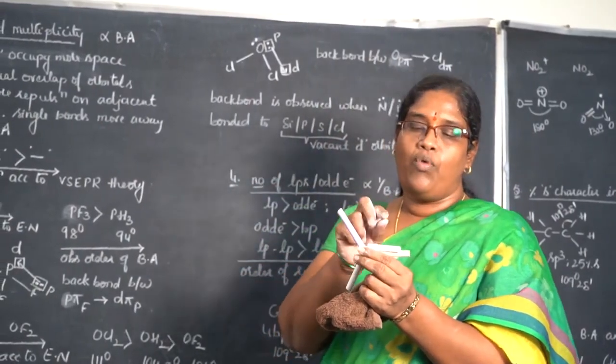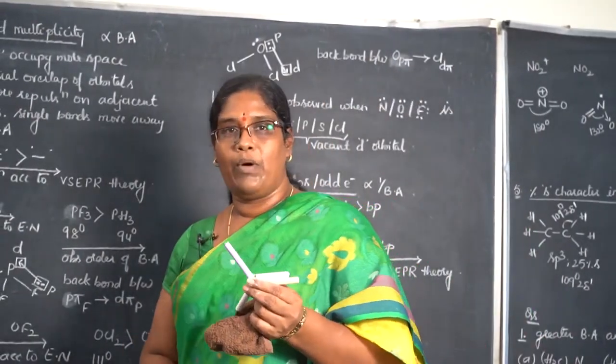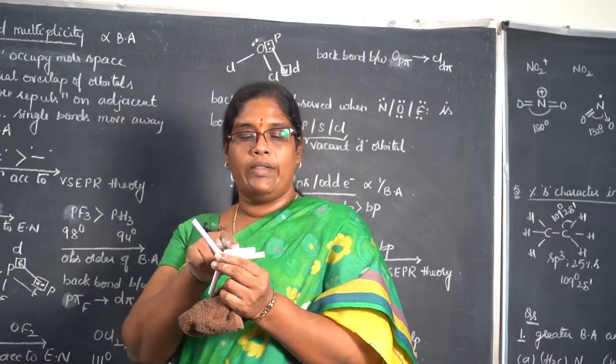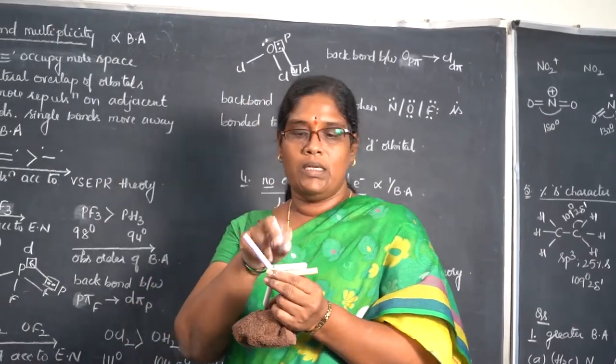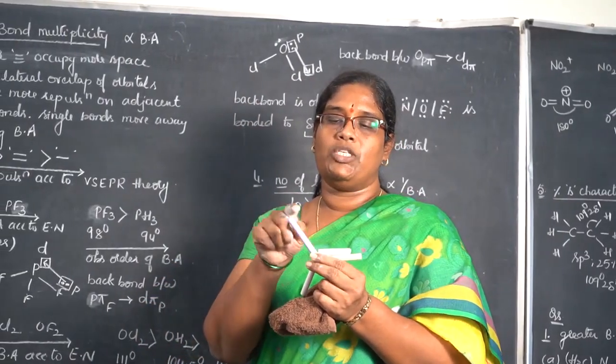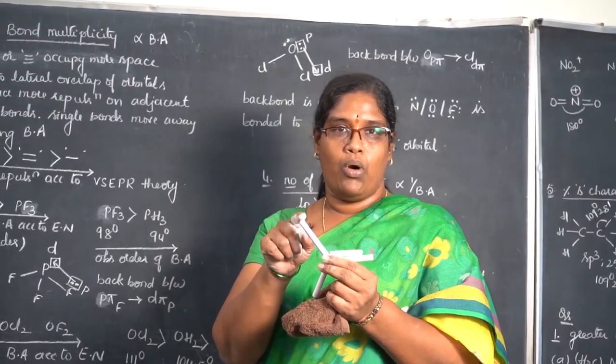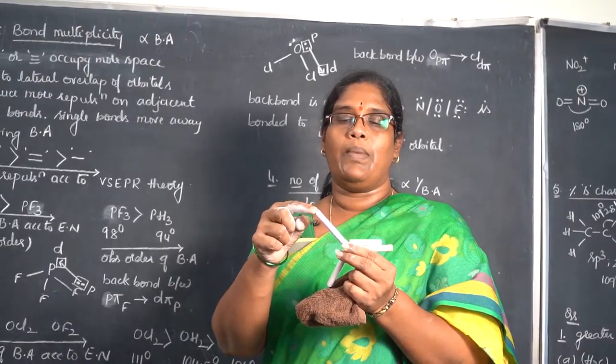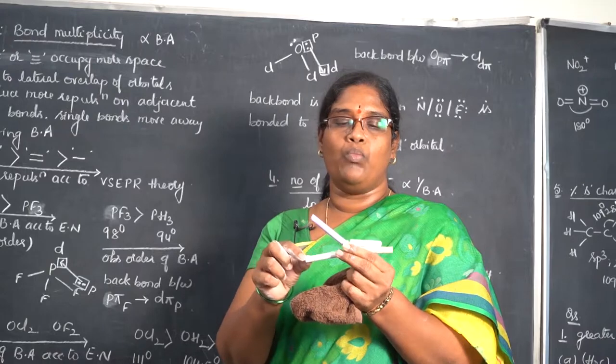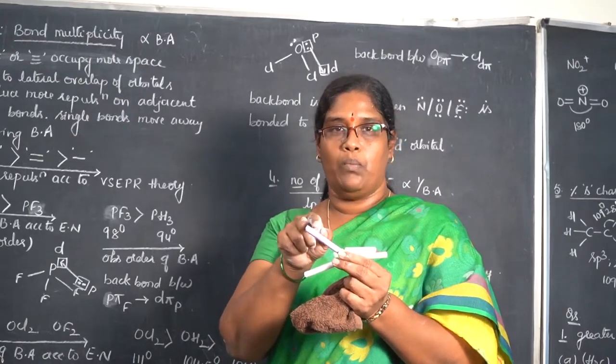Pi bonds are formed by the lateral overlap of orbitals. They require more space, therefore they produce repulsions on the adjacent single bonds. So to minimize these repulsions, single bonds move away from the multiple bonds.